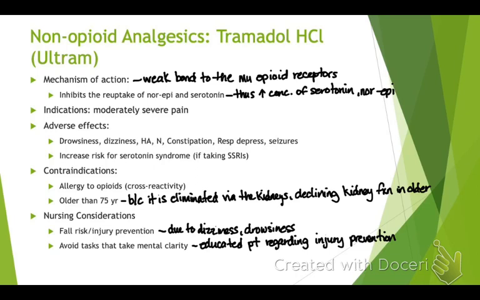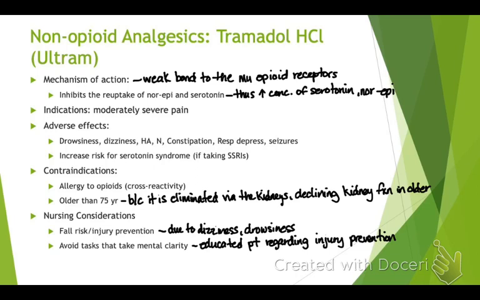Adverse effects that you will see are going to be similar to those of opioids, such as drowsiness, dizziness, headache, nausea, constipation, respiratory distress, and seizures, especially in those of greater risk.